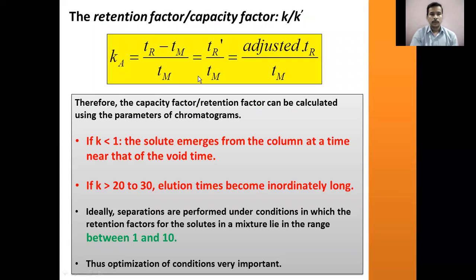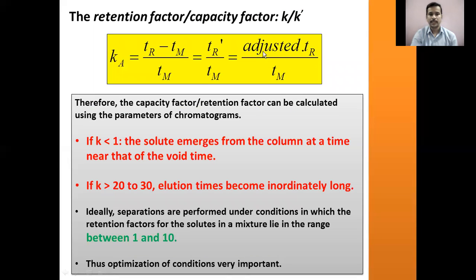If you further simplify this, we know the difference between the retention time and the dead time is the adjusted retention time, denoted by Ts or Tr dash. So Ka is equal to either Tr minus Tm by Tm, or Tr dash divided by Tm, or Ts divided by Tm, where Tr dash is the adjusted retention time.